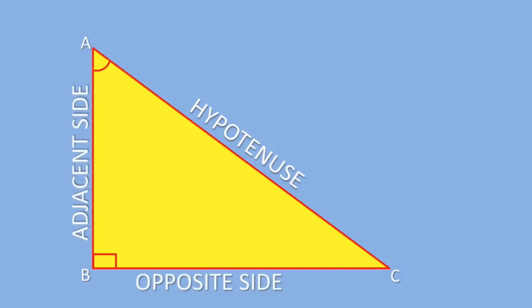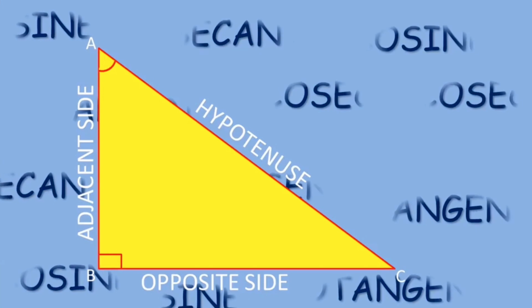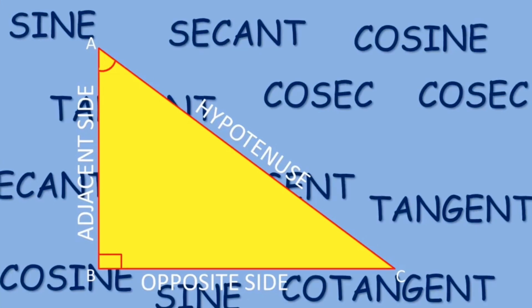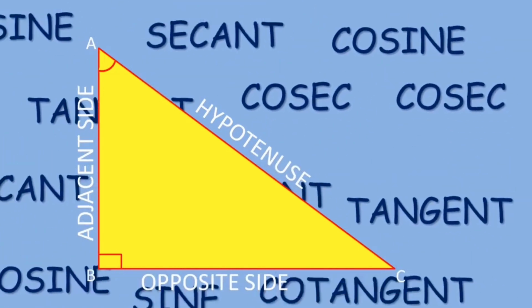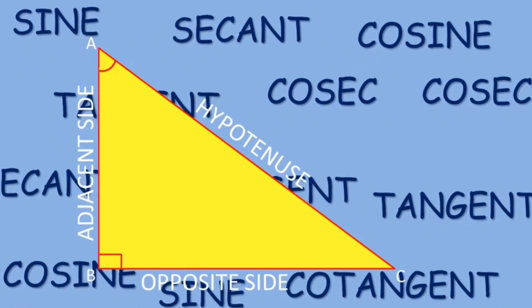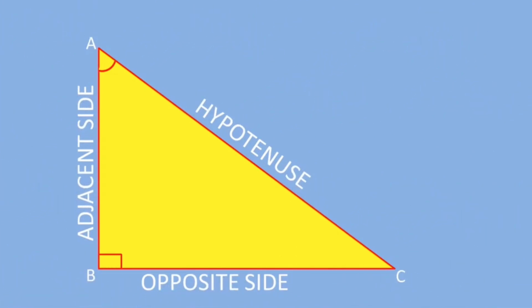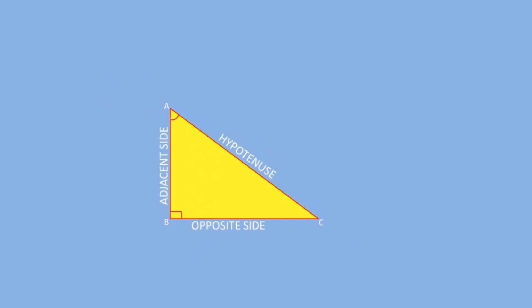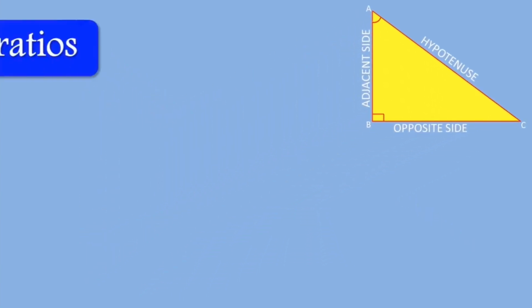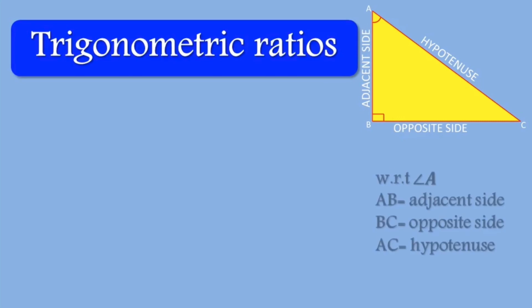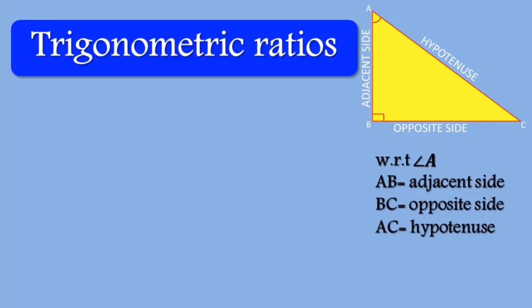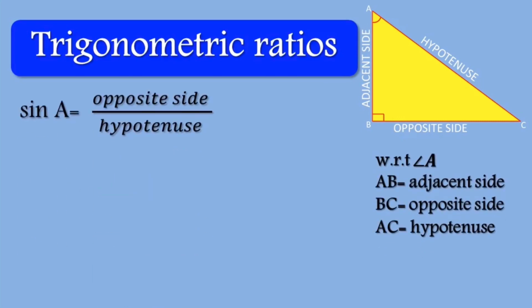Here, we often use words like sine, cos, tan, which confuses the students and they feel that these ratios make their head spin. In this right angle triangle ABC, with respect to angle A, the trigonometric ratios can be written as sine A is equal to opposite side upon hypotenuse.